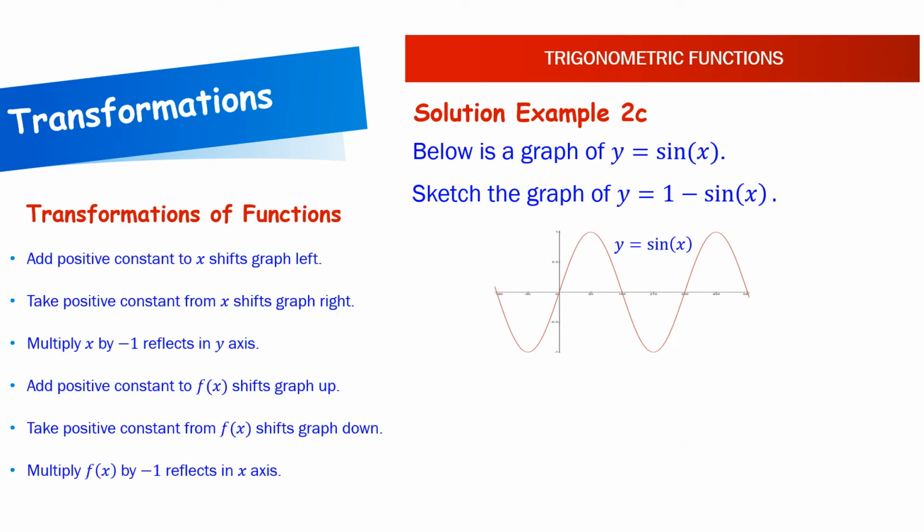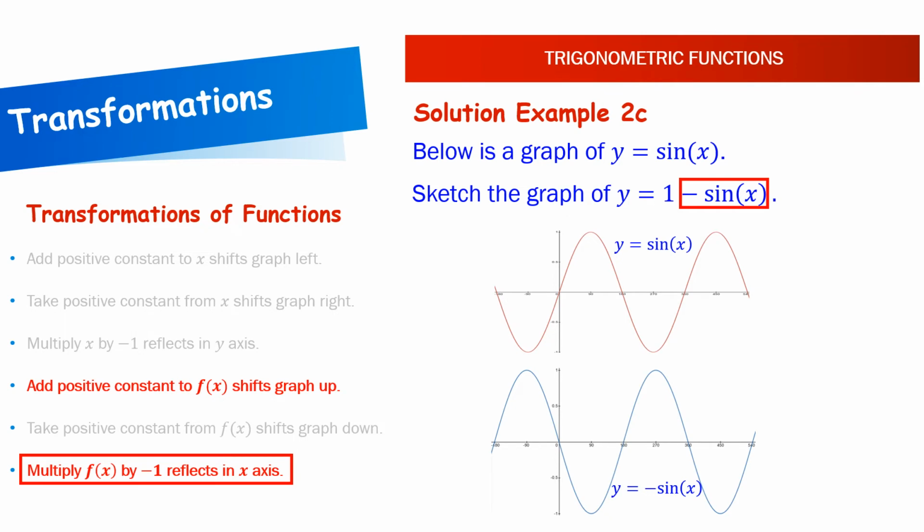And now for example 2c. We have the graph of y equals sine x, and we are required to sketch the graph of y equals 1 minus sine x. So there are two things going on here. We're first multiplying the function by minus 1, which reflects in the x-axis, and then we add a positive constant 1 to f of x, and this will shift the graph upwards.